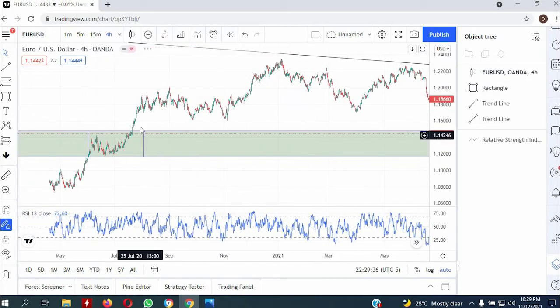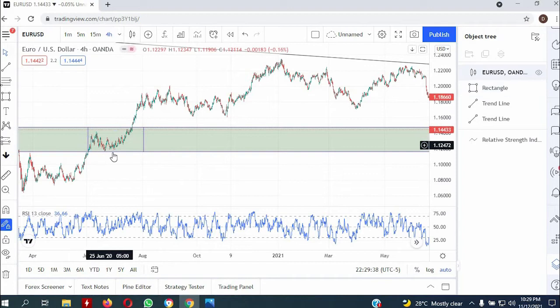Now this area right here on the 4-hour is the same structure as on the daily time frame. That should act as some resistance, right?